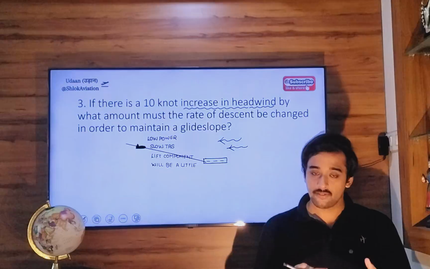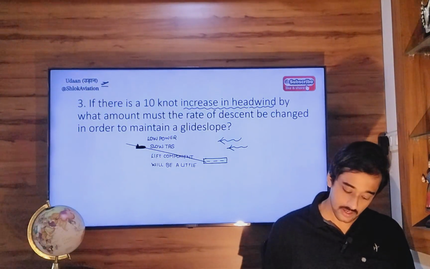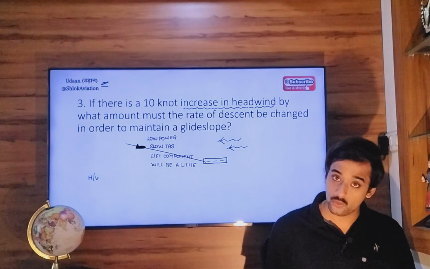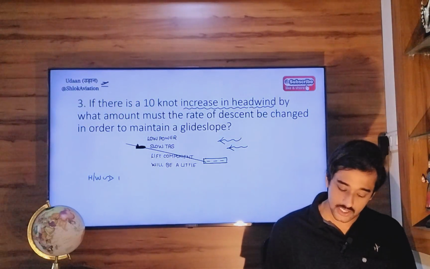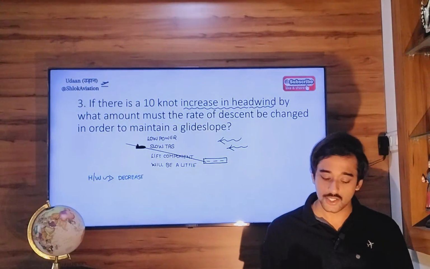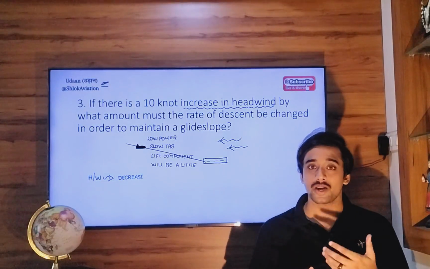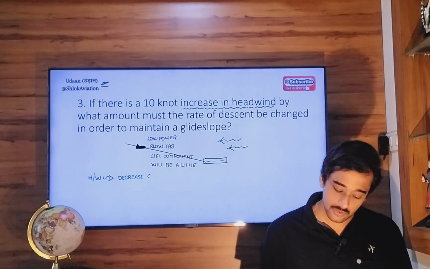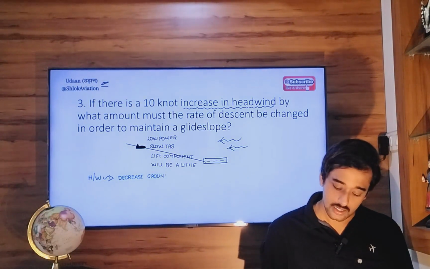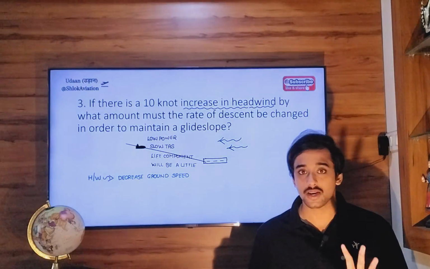An increase in headwind component will decrease your ground speed further. As it is, you're coming down at slow true airspeed. Now when the headwind component increases, your ground speed decreases, which is the forward speed of your aircraft with respect to the ground.